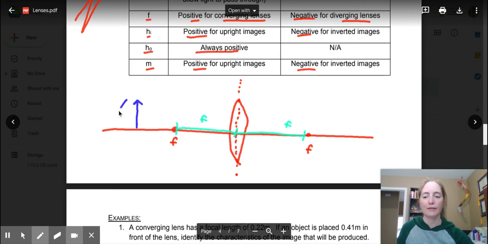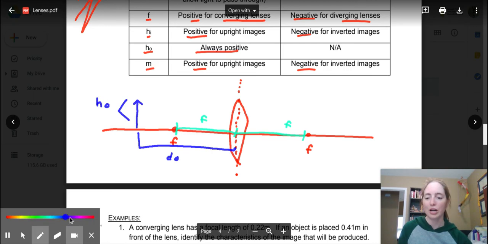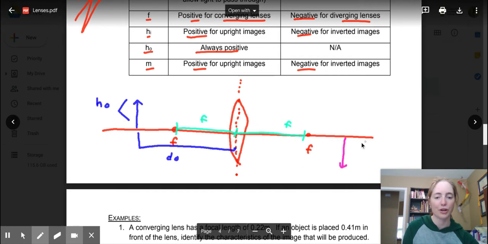So this value here is the object. That's the height of the object. Okay. And this from here to here is the distance of the object. I'm going to switch colors here. I'm going to go to pink and let's pretend my image is over here.